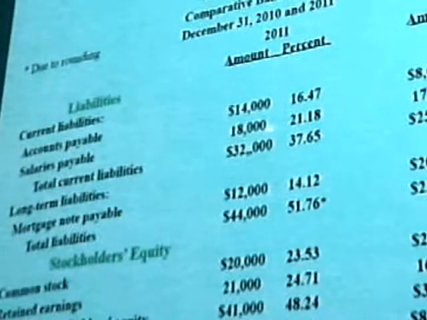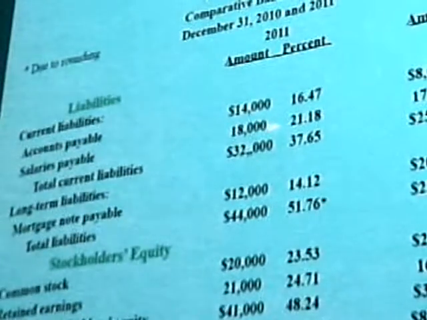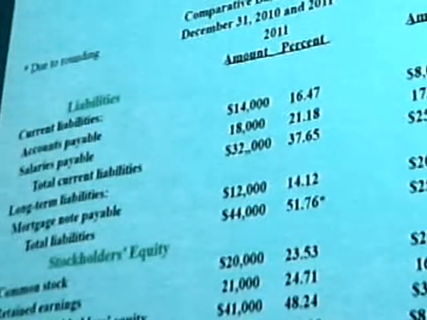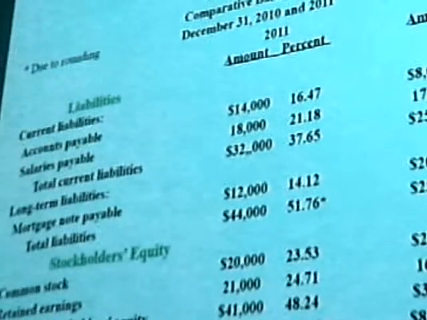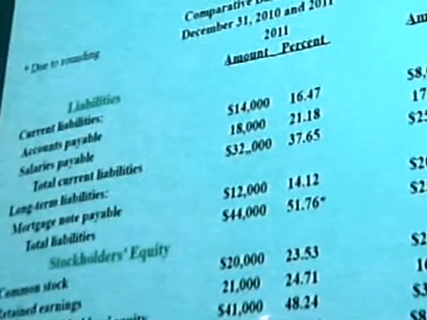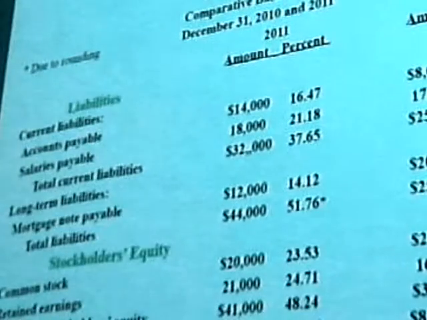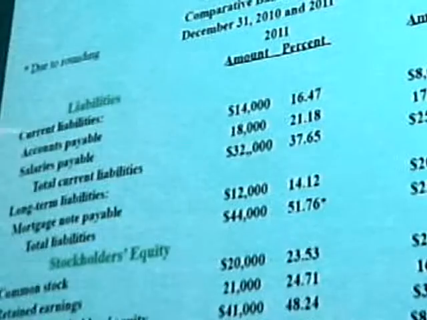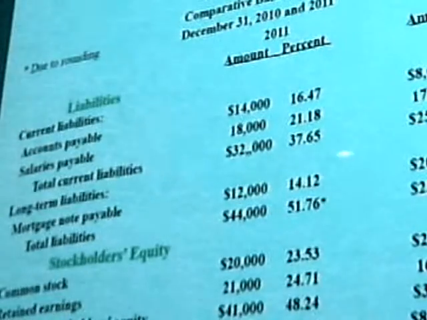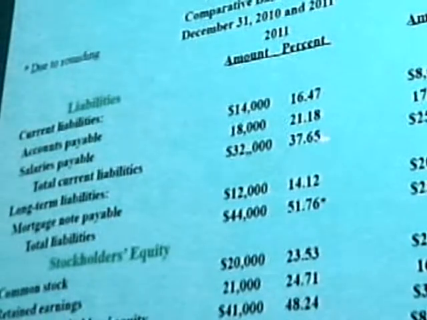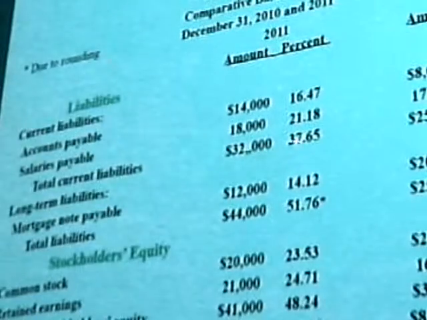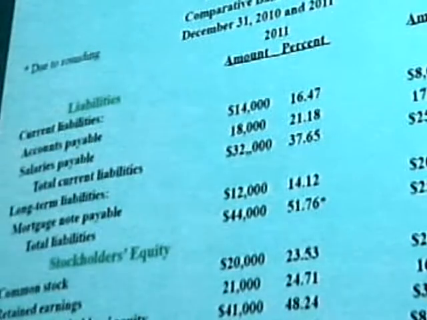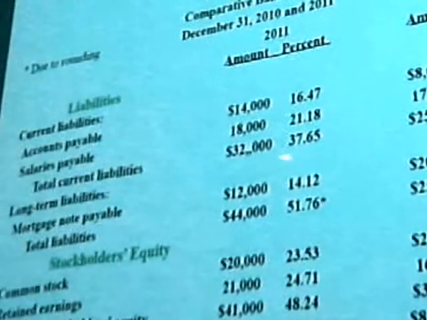So the next one, 18,000 divided by what? 85,000. Because you wouldn't come out with 100% if you divided it by the 44,000. 32,000, they put an extra comma in there for us, divided by 85,000, 37.65%.